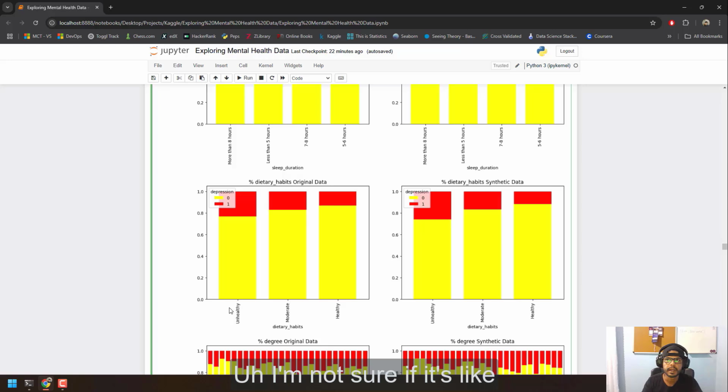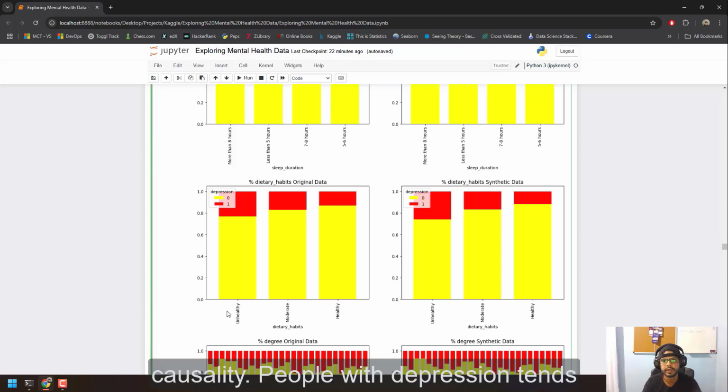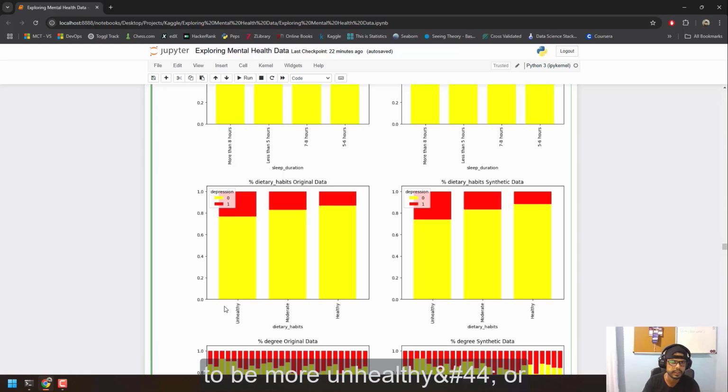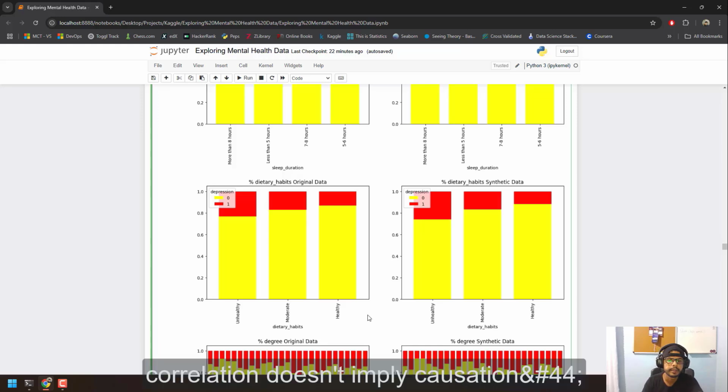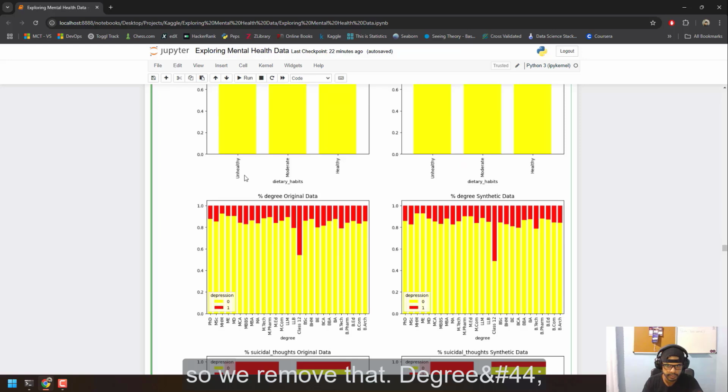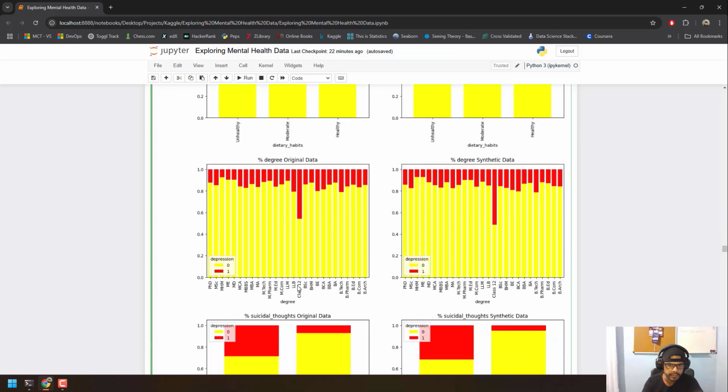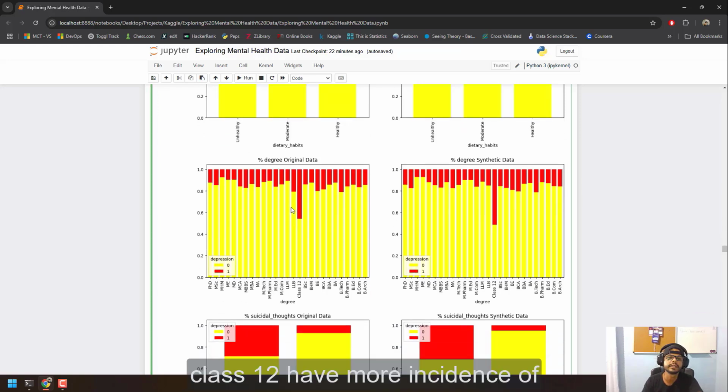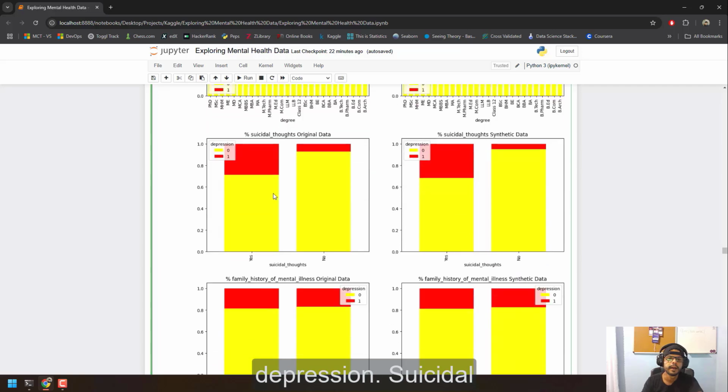I'm not sure about causality, whether people with depression tend to be more unhealthy, or unhealthy people tend to be more depressed. As they say, correlation doesn't imply causation, so we don't know that. Degree, class 12 have more incidence of depression.